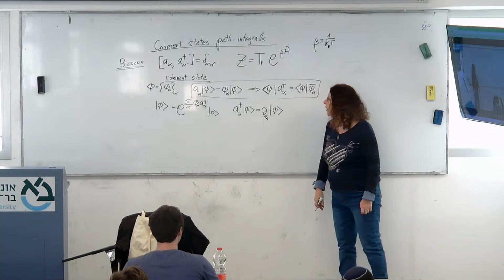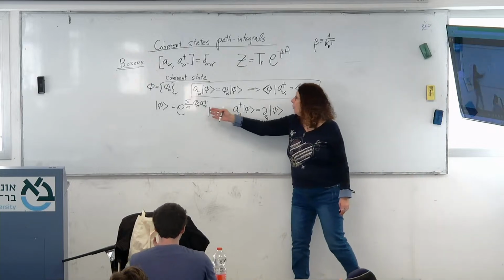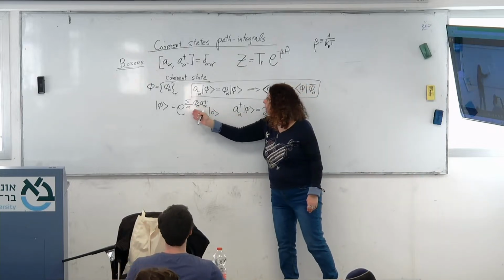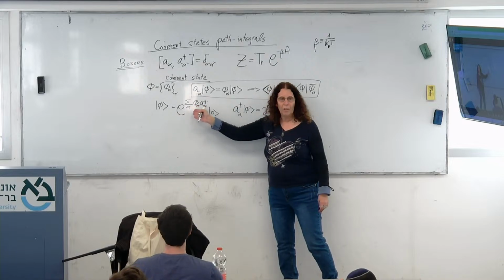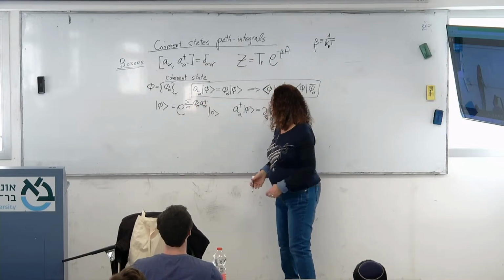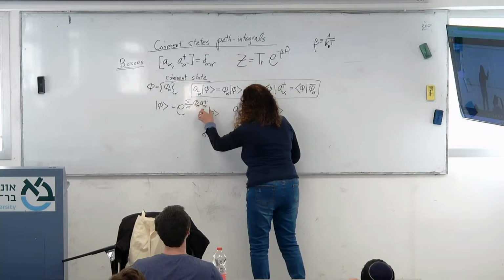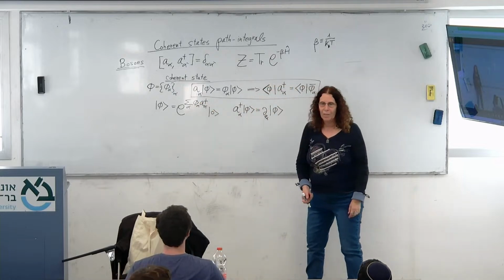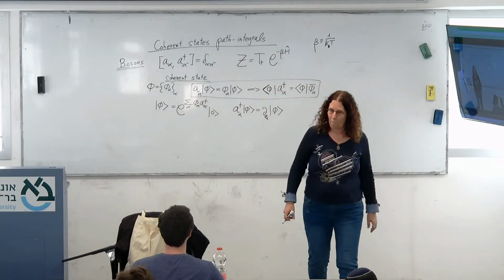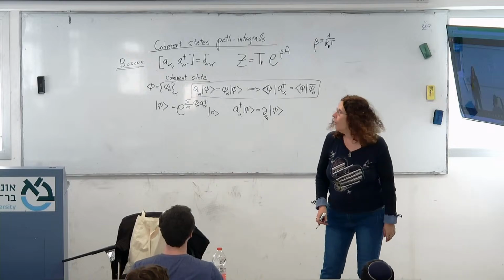You just get a derivative of an exponent, which brings out the prefactor of phi alpha, which is A alpha times the same exponent.